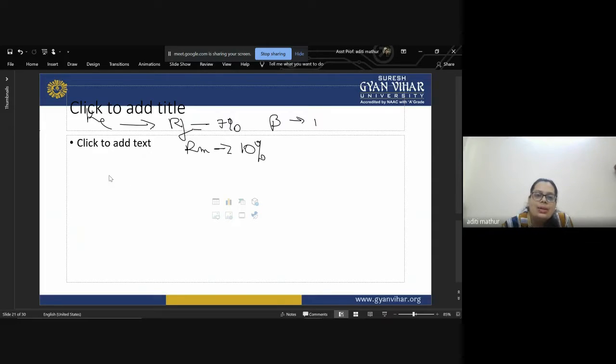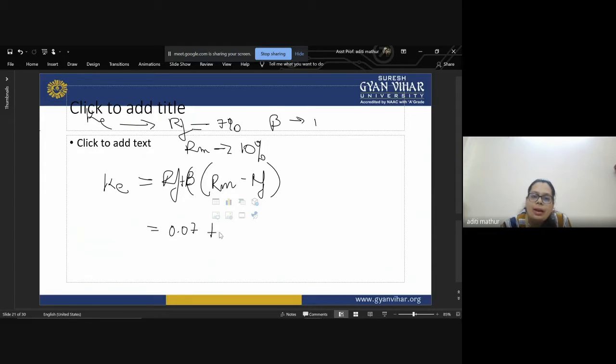So now let us write the formula to calculate KE with the help of the CAPM model, which is Rf plus beta into Rm minus Rf, which is equal to 0.07 plus 1 into 0.10 minus 0.07, which is equal to 0.07 plus 0.03, which is equal to 10%.